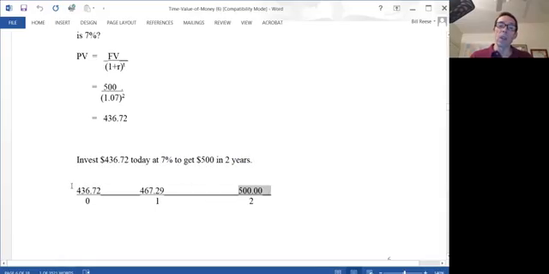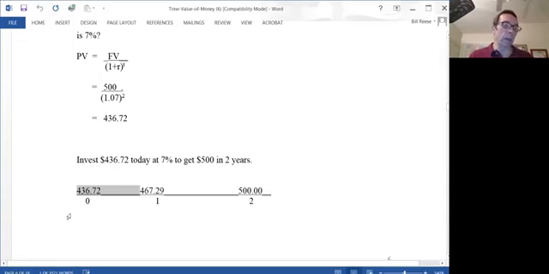Or we can say this times 1.07 squared gives me this, which is what we're doing here when we say 500 divided by 1.07 squared gives me the 436.72. So if I want to have $500 in 2 years, I need to invest $436.72 today if I have annual compounding at 7% for 2 years.